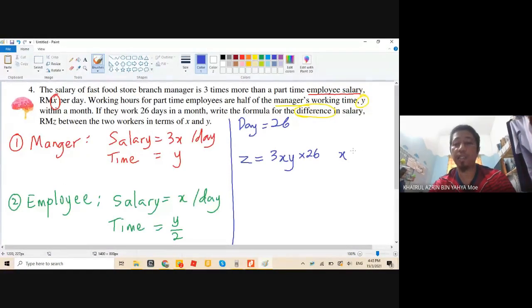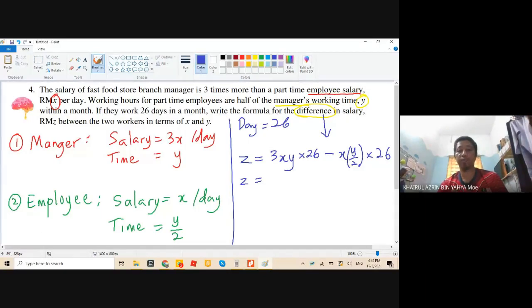The time, if I write in bracket, is Y over 2, multiplied with working days, same, 26. But careful, it says difference, so we need to minus. Remember, difference, we need to minus. So now we find Z.